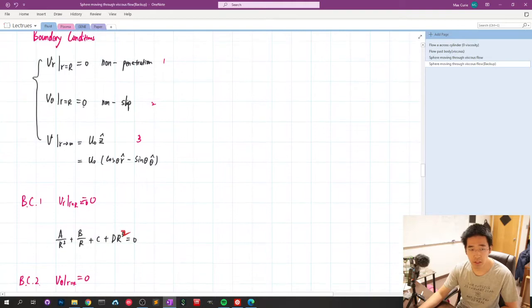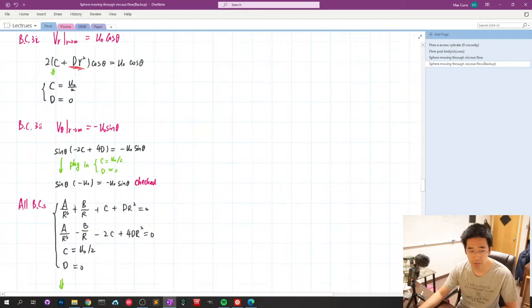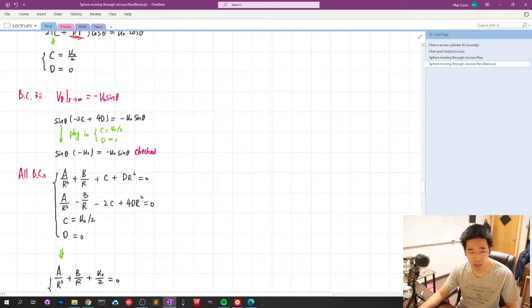Now we look at the theta direction, then we have sine theta negative 2c plus 4d r squared. We already have c and d, but we just need to check. So here we just plug in c equal to u_0 over 2, d equal to 0. Then the left hand side equals the right hand side. It's checked. It's self-consistent.